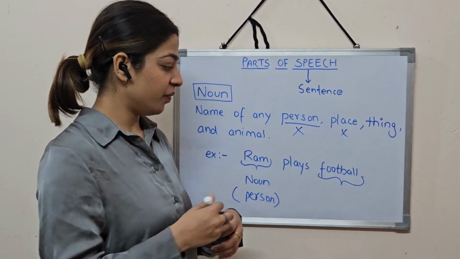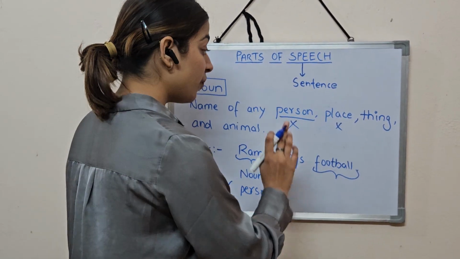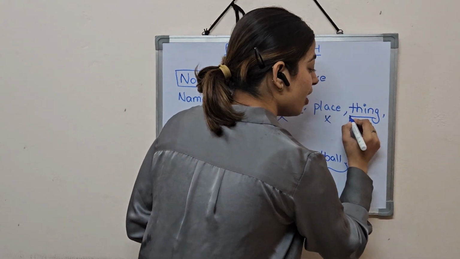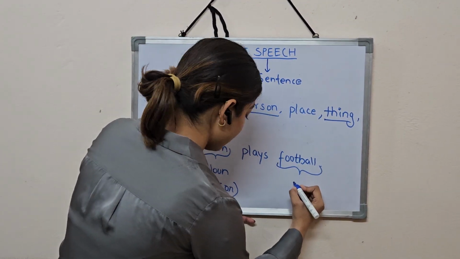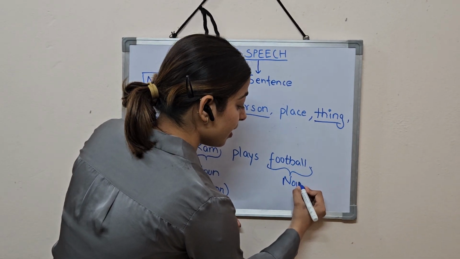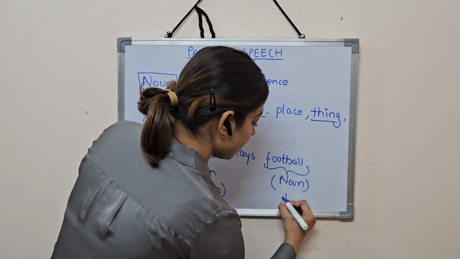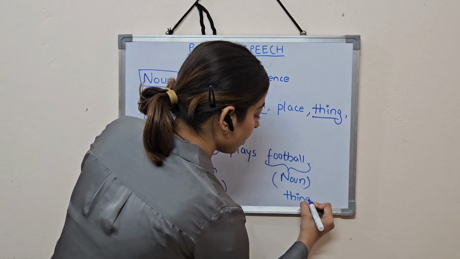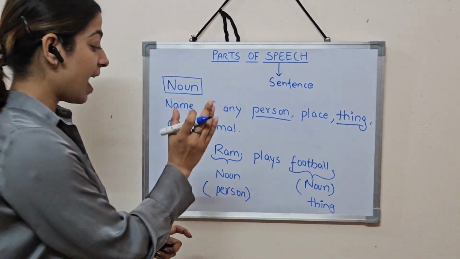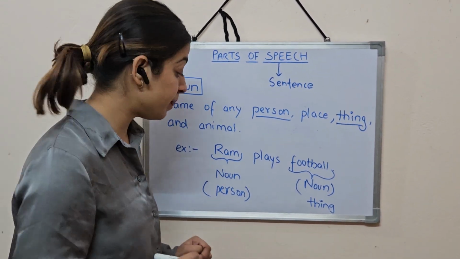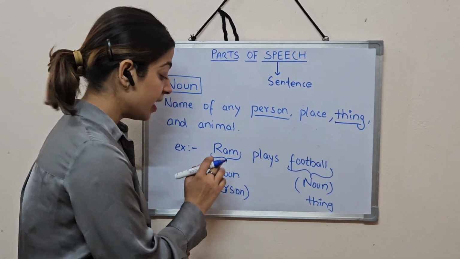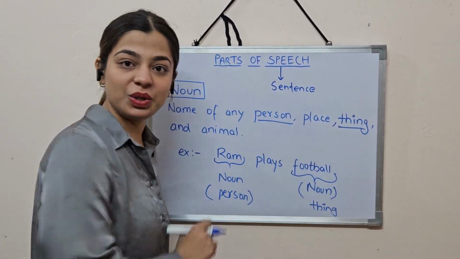We play soccer with the use of a football. So football is the name of a thing, which makes it a noun. Now, we had a sentence and each part has its own role, which is called parts of speech. Ram was a noun and football is also a noun.